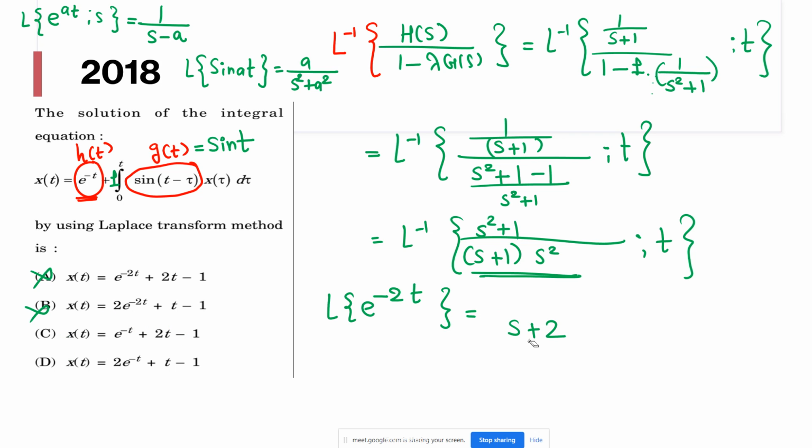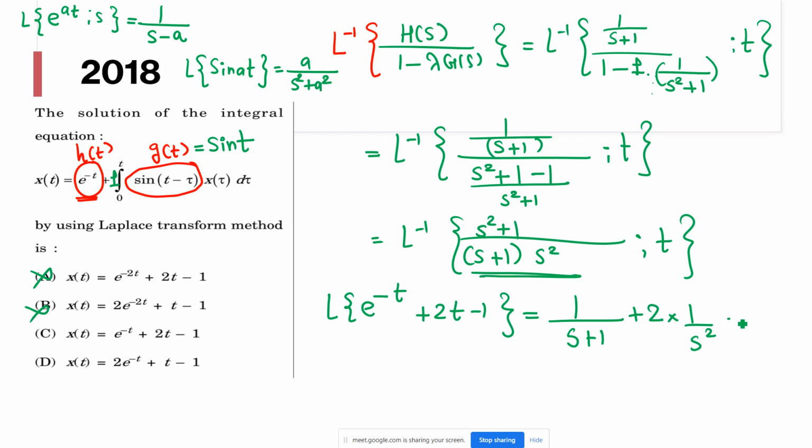Suppose if I want to find out the Laplace of e raised to minus t plus 2t minus 1. So e raised to minus t, the Laplace is 1 divided by s plus 1, plus 2 times Laplace of t, which is 1 by s square, and Laplace of minus 1 is minus 1 by s. If I simplify this, it becomes s square (s plus 1) as common denominator.